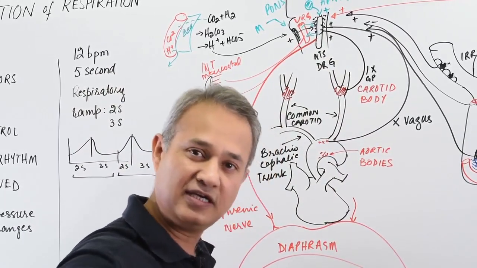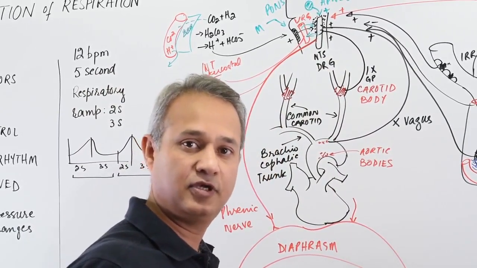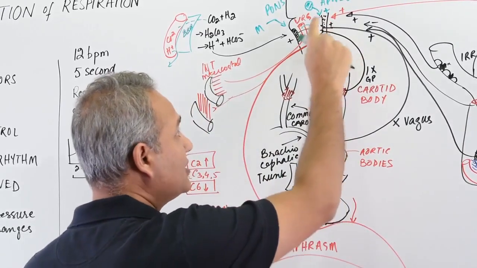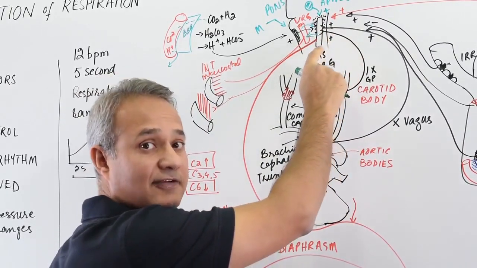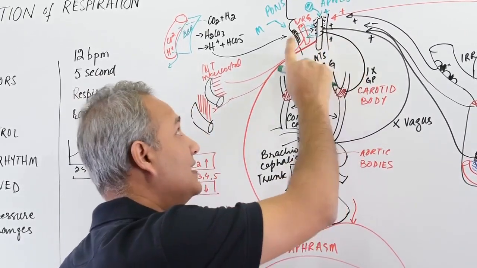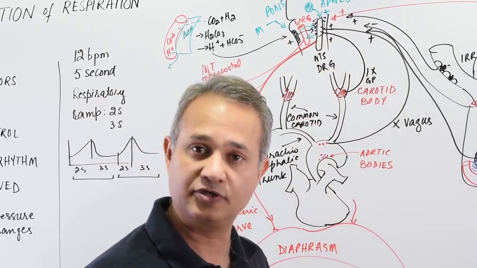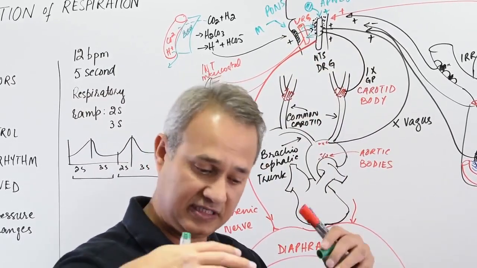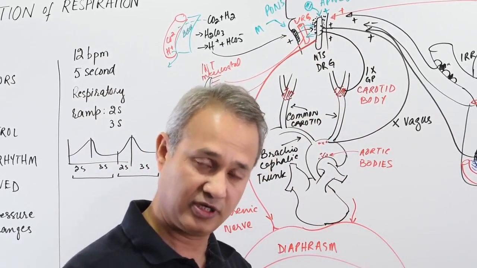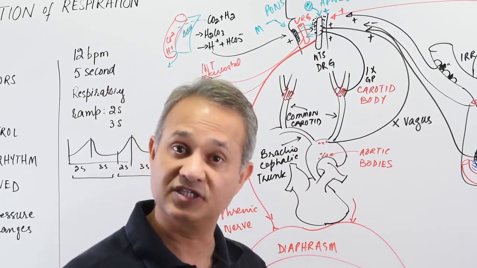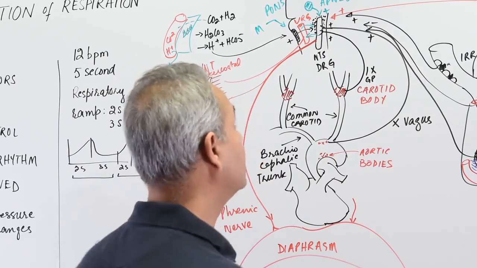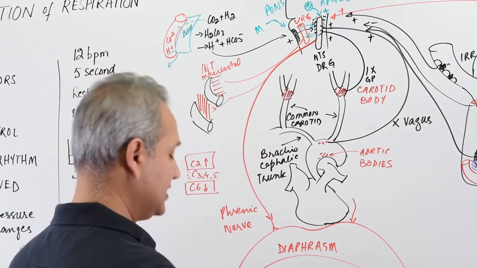That pattern is always going to be the same. You basically influence the dorsal respiratory group, and if the influence is too high, then that can involve the ventral respiratory group, and that would cause the extra muscles of inspiration and expiration to become active as well. So that is the apneustic center.